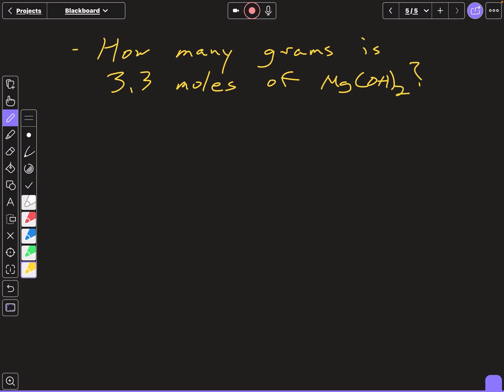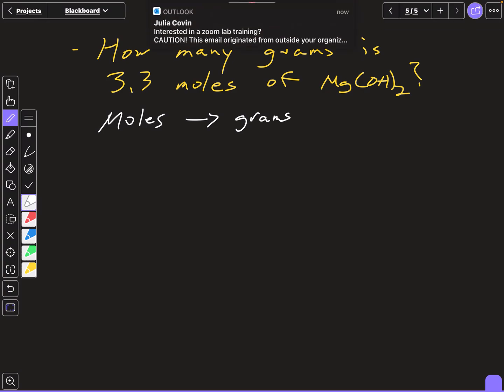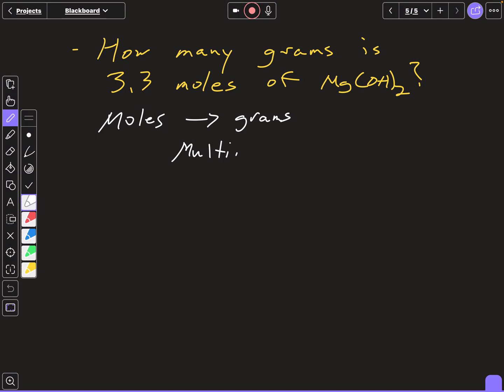So when I'm converting moles to grams, I need to remember, I can either set up a conversion factor, which is 1 mole is equal to the molar mass of it, or I can simply remember when I'm going moles to grams to multiply by the molar mass.